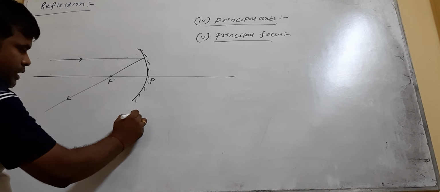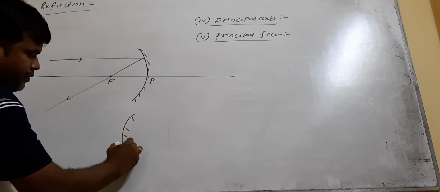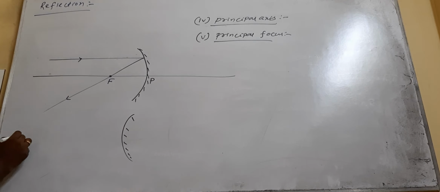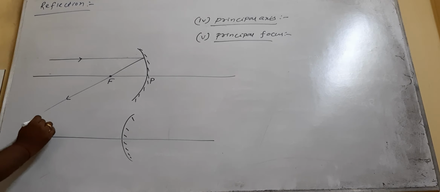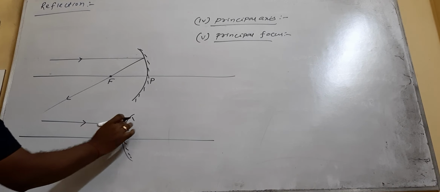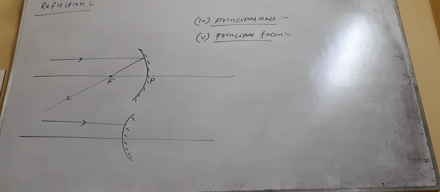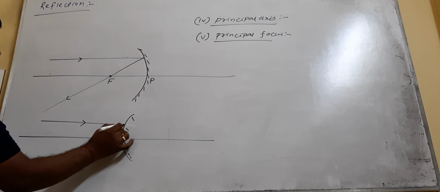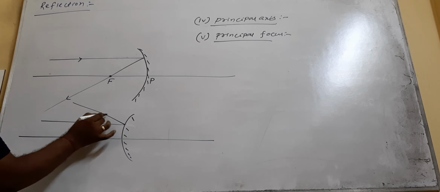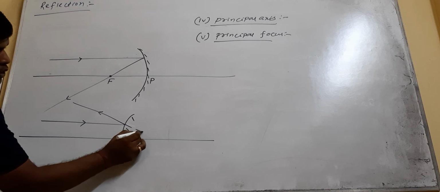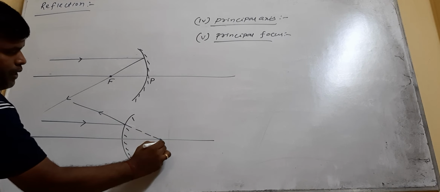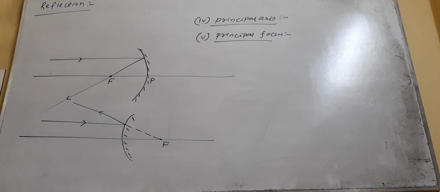Similarly, in case of convex mirror, an incident ray parallel to the principal axis, after reflection, appears to diverge from a point on the principal axis that is called the principal focus.